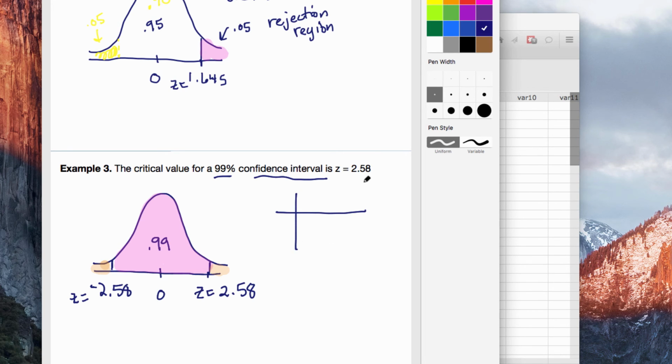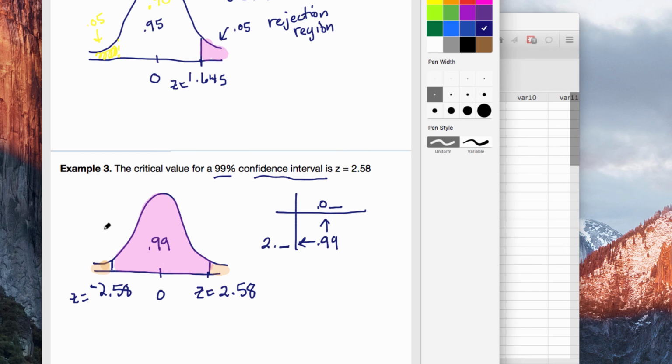If this is a normal table, you wouldn't look for 0.99 and then go up and find your 0.0-something and then go to the side and find your 2-point-something. The 99% is the area in the middle. So we need to focus on areas in the tail because the normal table only finds area to the left of something.